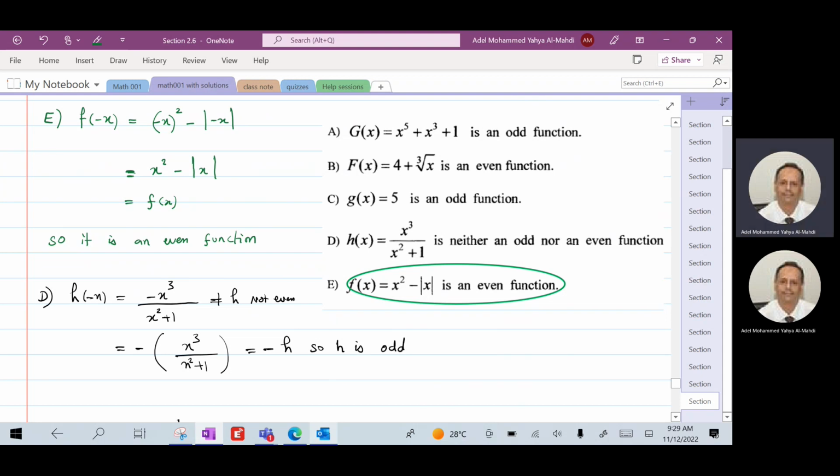But why is it not true? Because he said in the question it is neither. And for the horizontal line C, a horizontal line is an even function. We know that.